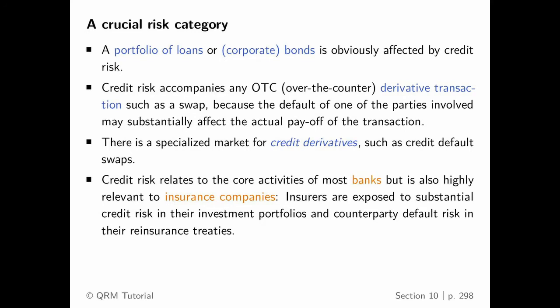So as I've suggested, it's a pretty important risk category, hence the amount of space that it gets in the book. And it arises in all kinds of contexts in financial services. Obviously, if you're a bank and you have a portfolio of loans, that's clear. If you're an investor with a portfolio of corporate bonds, so not treasuries from very highly rated and essentially non-defaultable countries, but corporate bonds, these are obviously affected by credit risk.